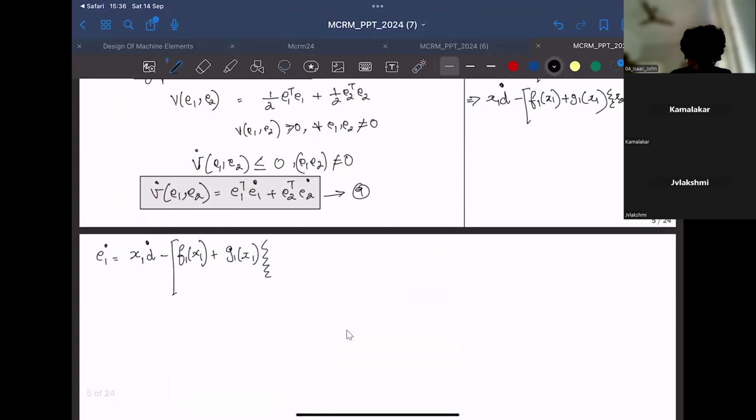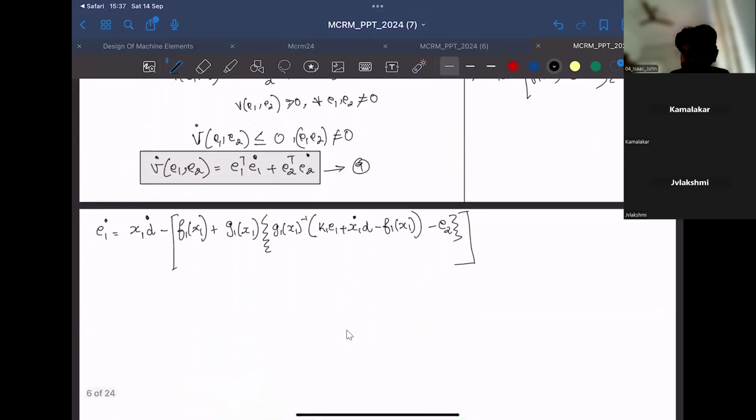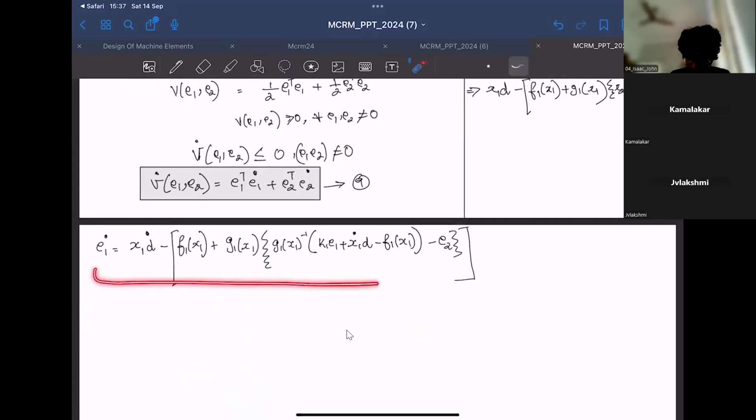So that makes it g1 of x1 inverse, I'll open the curly bracket, minus k1 e1 plus x1 desired dot minus f1 of x1. Then we'll have this e2, I suppose. Close this curly bracket, close this one. Yes. So that is what this term is. E1 dot is this much.